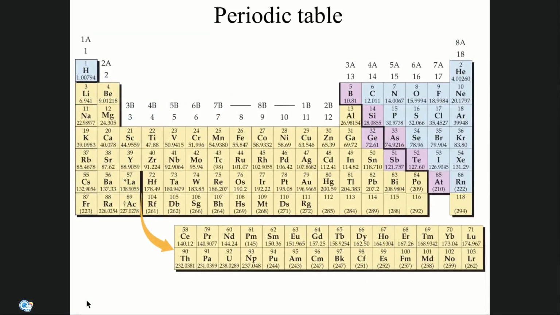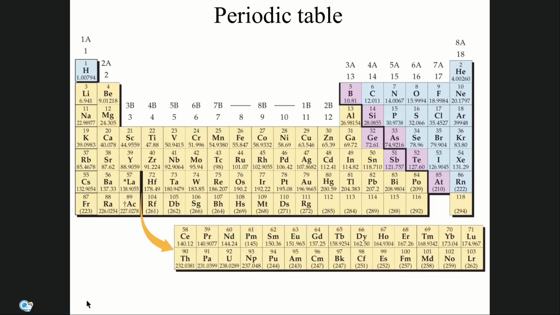A vertical column of elements in the periodic table is known as a group. Groups of elements sometimes are referred to collectively by their group number. For convenience, however, some element groups have been given special names.